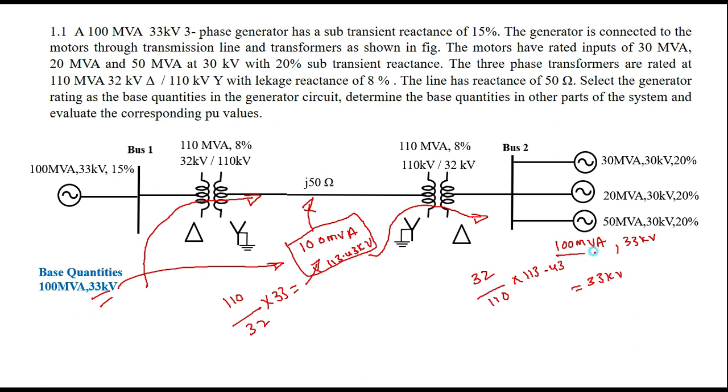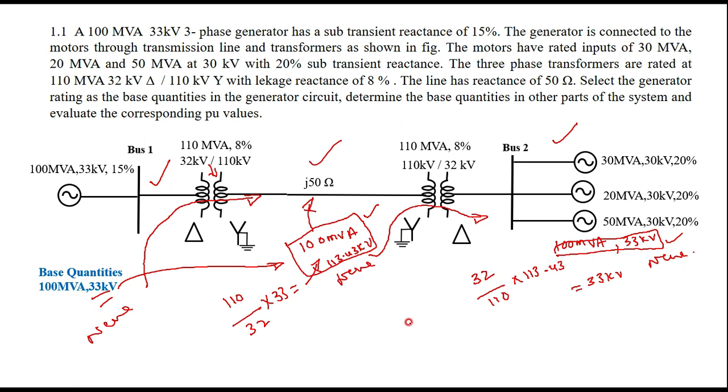This is how you have to calculate the base quantity in three parts of the power system. This is one part, because it is divided by this particular transformer, and this is the second part, and this is the third. These are the base quantities, and these are new quantities: new for the transmission line, and new quantities for the motor side.